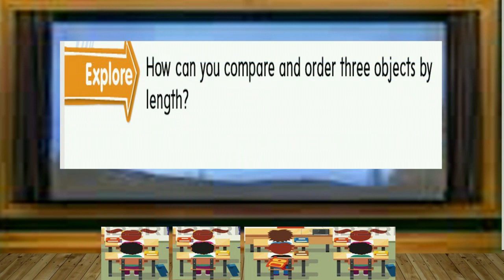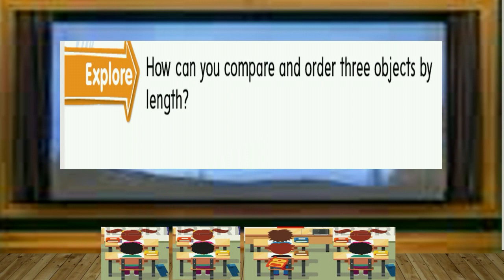Last meeting, class, you learned how to compare the lengths of objects. Now, who can tell me how to compare the lengths of objects? Yes, Maha. Last time we learned how to compare the lengths of 3 objects.